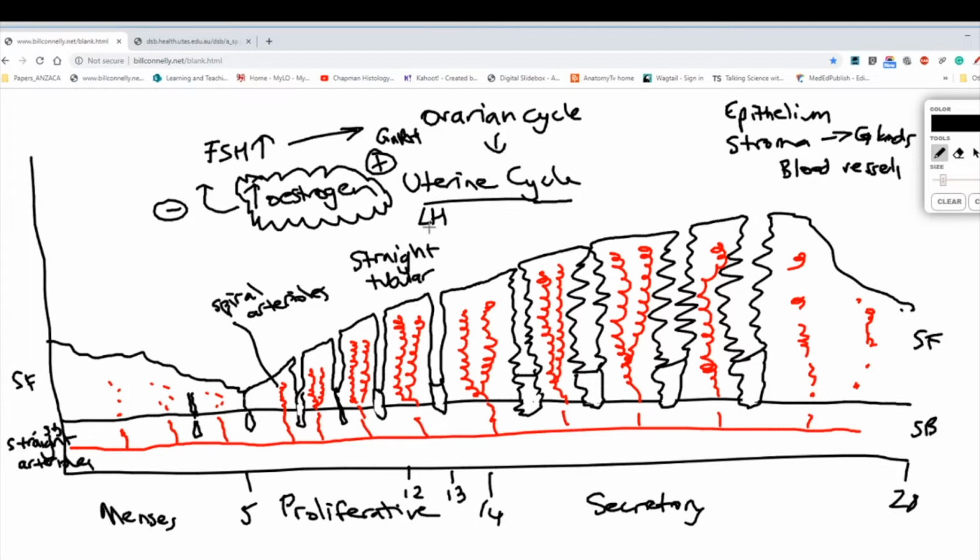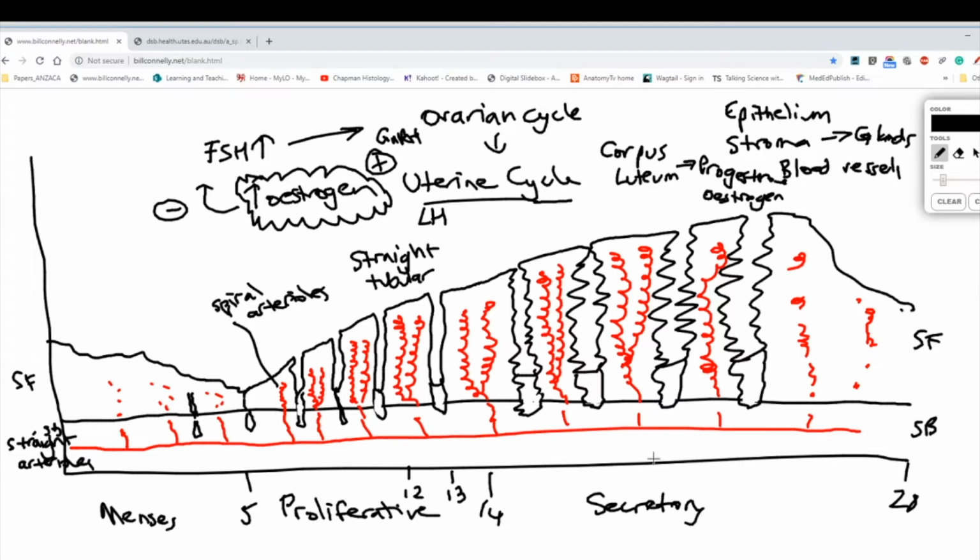So we get our surge of luteinizing hormone on day 13. On day 14, we get ovulation, and that remnant follicle within the ovary transforms into a corpus luteum. What the corpus luteum is pumping out is a lot of progesterone and estrogen again, but mainly it's progesterone.